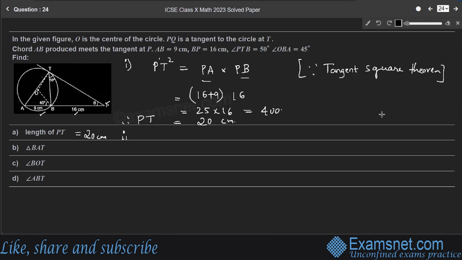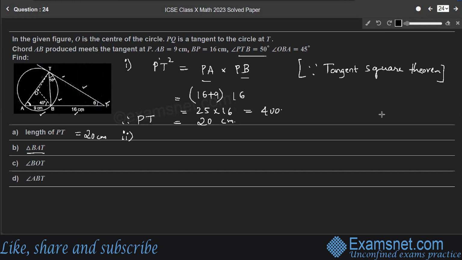So next part, next question: angle BAT. How to find angle BAT, this angle? Let us consider tangent PT and chord BT. The angle made by the tangent with the chord, which is 50 degree, angle PTB, is given.